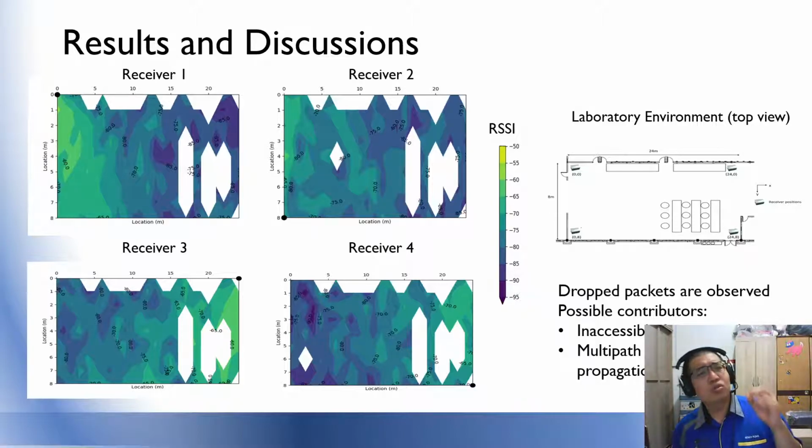There are also possibly other signal propagation factors that result in total packet drops, as shown in some of the locations on the slide. Therefore, in this case, we propose the RBF interpolation method to generate the complete radio maps for fingerprinting localization.